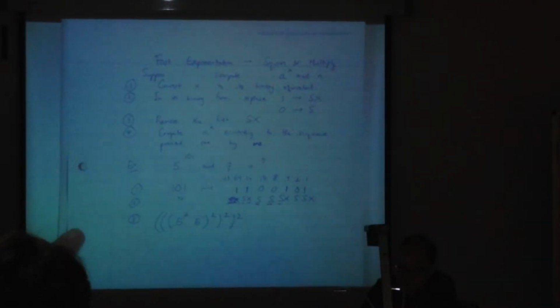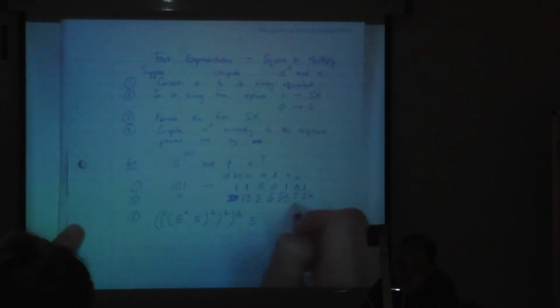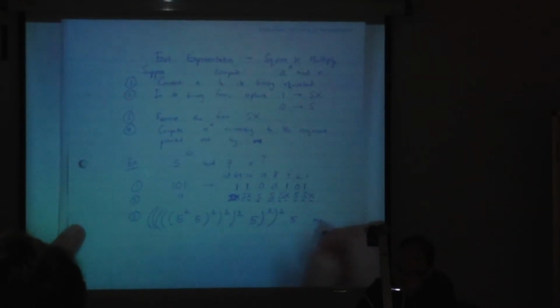This one is S, I have another square. This one is S, another square. This is x, I multiply with 5. This is s, square. S, square, times 5 modulo 7.